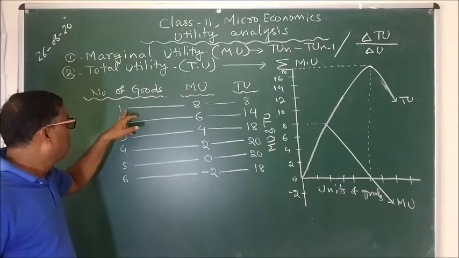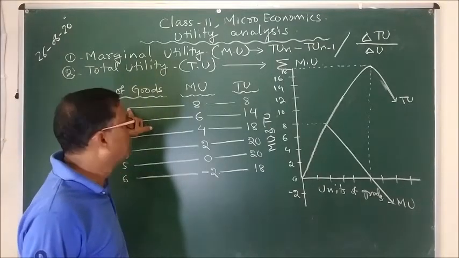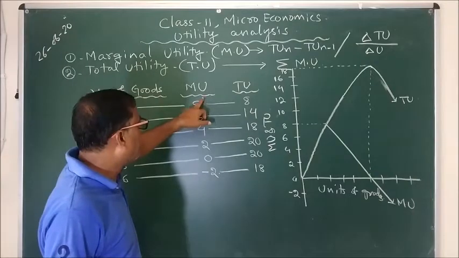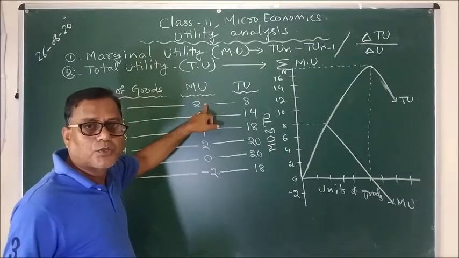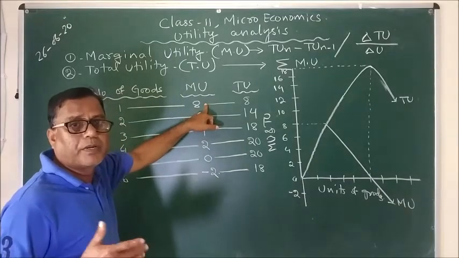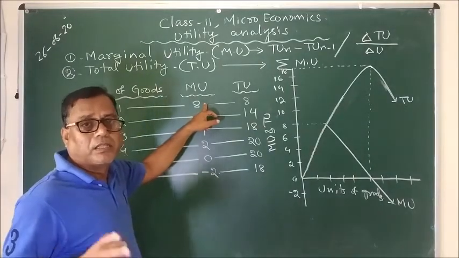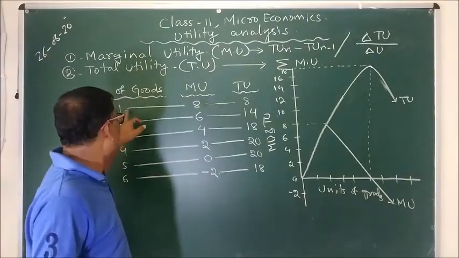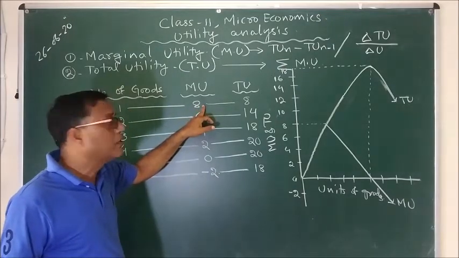When we are consuming the first banana, we are getting 8 utils of utility. Yesterday we also discussed the unit used to express the measure of utility, that is util. So from the first banana we are getting 8 utils of utility.